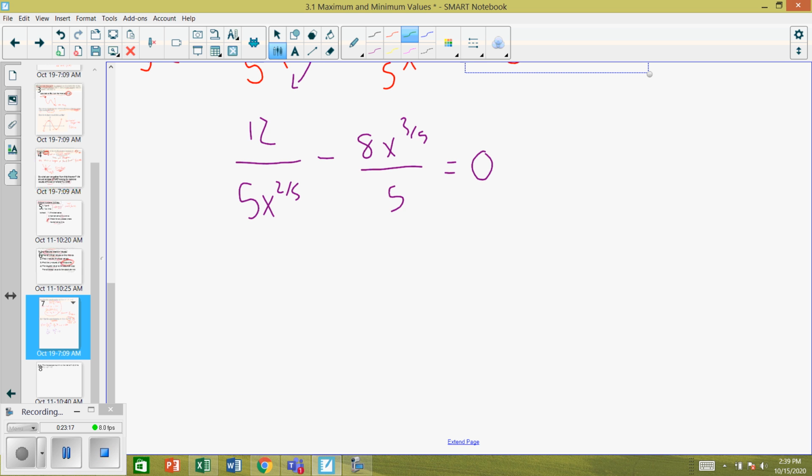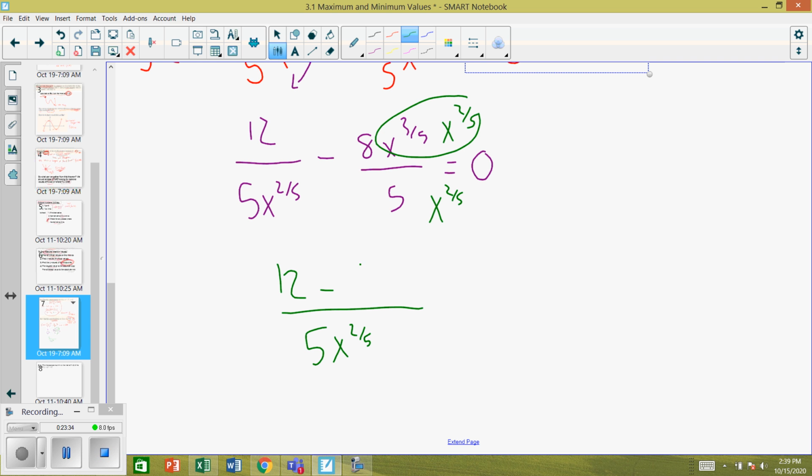And it looks like the common denominator is just going to be x to the 2/5 on top and bottom here, and then we should be good to go. So I got 5x to the 2/5 on bottom, and on top I got 12 minus, if I combine these two together, it's 8x to the 5/5, or just 8x. So that works out pretty nice for us. And we're going to set this equal to 0 or does not exist.